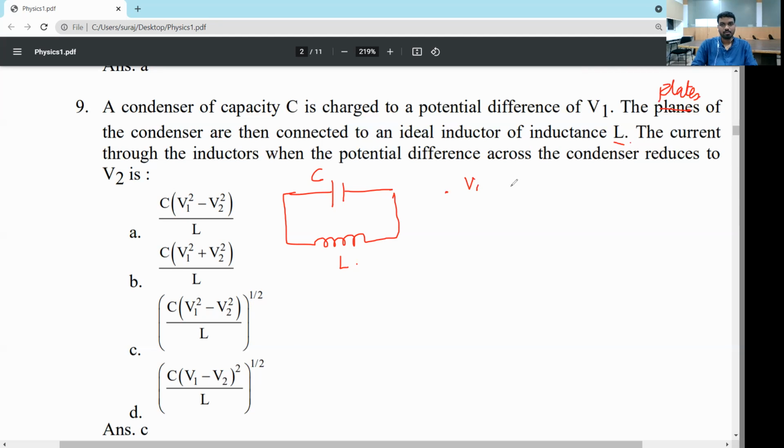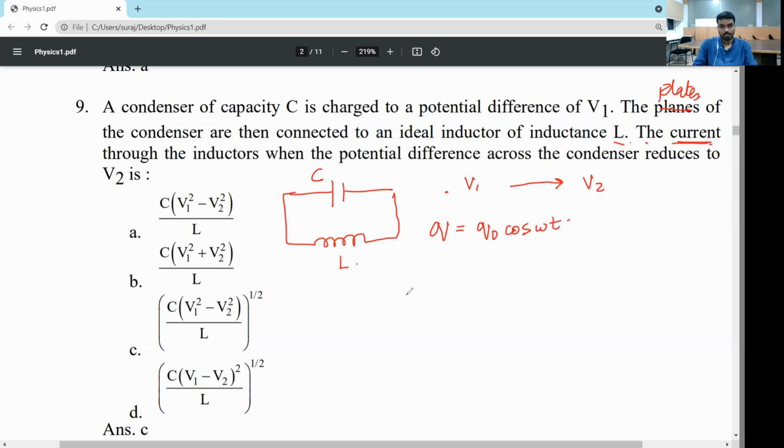So the potential is changing from V1 to V2. Q is the charge on the capacitor, and Q is equal to Q naught cos omega t. What I want is the current.